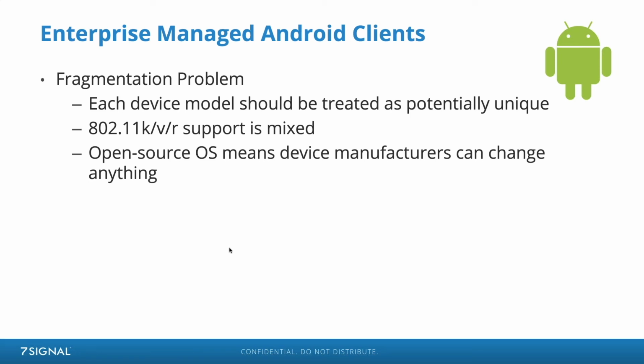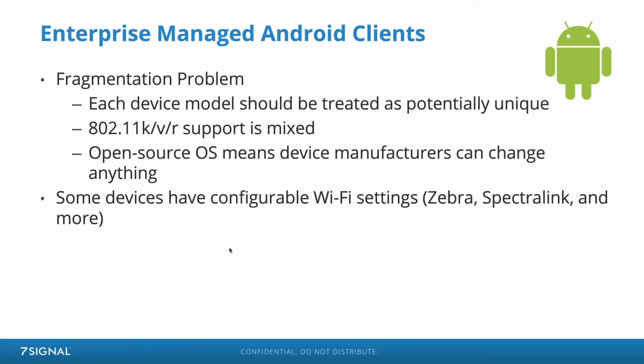It's an open source operating system, so the vendors do go in and make changes to the OS, so give them each a thorough evaluation. Some devices, though, particularly those that are targeted at the enterprise for voice over Wi-Fi from Zebra and SpectraLink, should have mentioned ASCOM here too, and others, will have some configurable Wi-Fi settings that you'll want to tune to best match your environment.